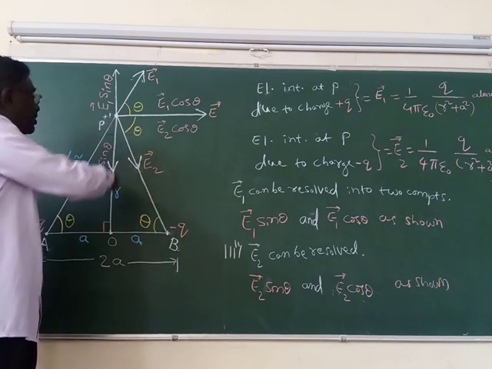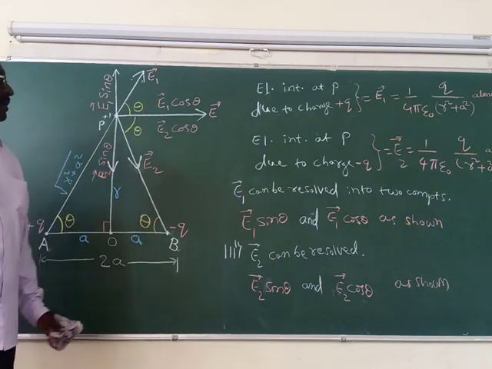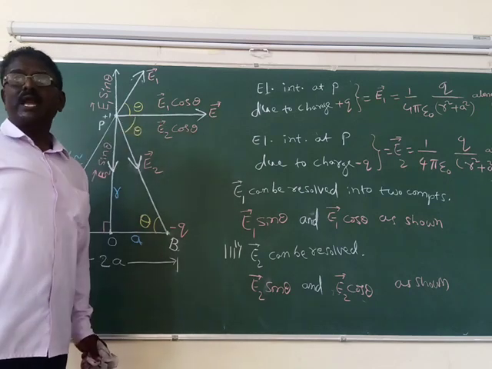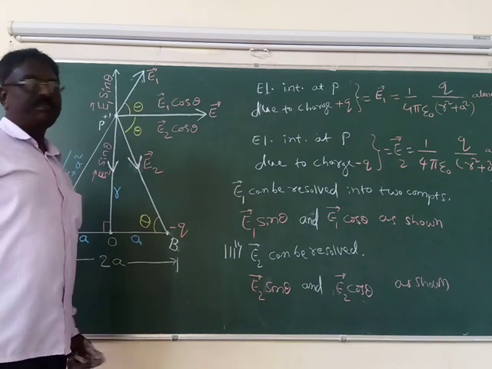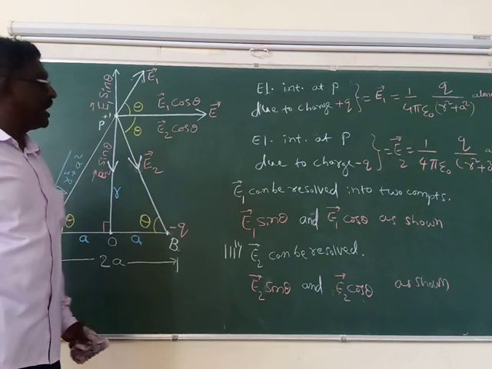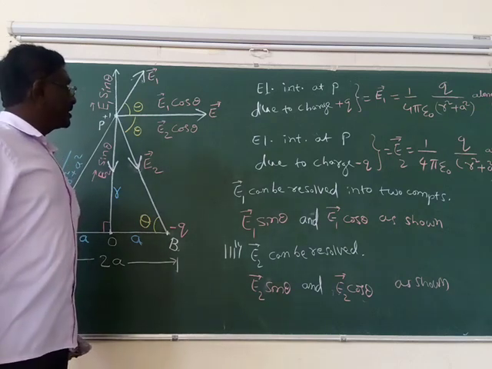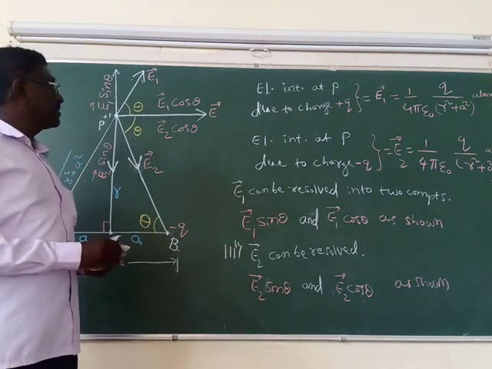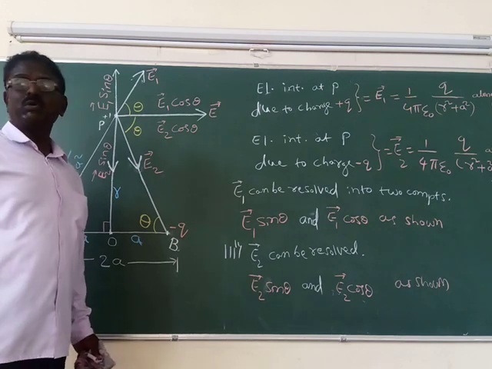E1 sin theta and E2 sin theta get cancelled each other at P. Now, E1 cos theta and E2 cos theta are acting along the same direction at P. Both are on the same line acting at P. Therefore, the resultant of E1 cos theta and E2 cos theta is the sum of E1 cos theta and E2 cos theta.